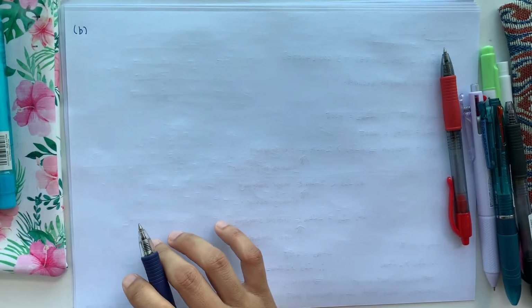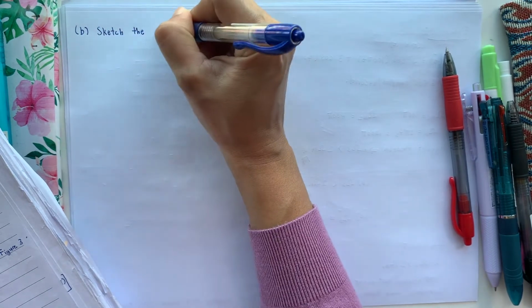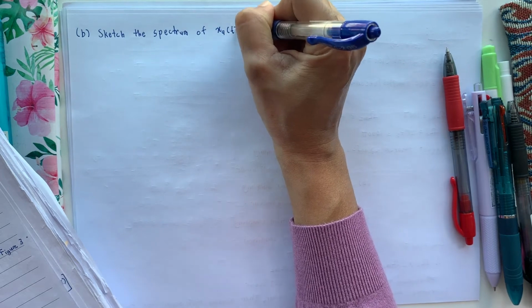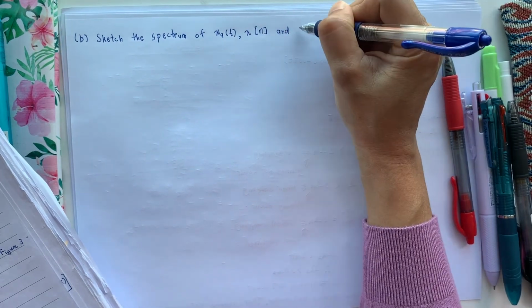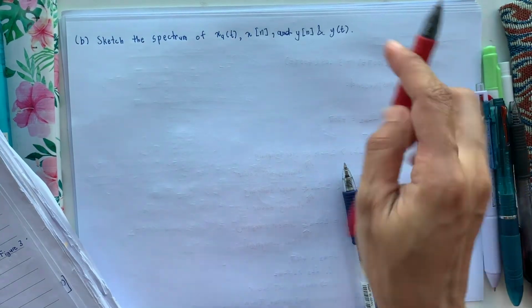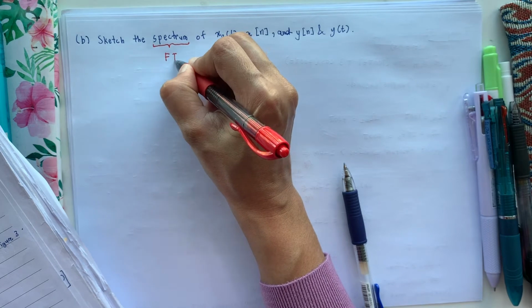Now we move to question B. The question is: sketch the spectrum of s(t), x[n], y[n], and y(t). Make sure you identify the important points. You are asked to sketch the spectrum. When you see the keyword spectrum, definitely you know that you have to do the Fourier transform.